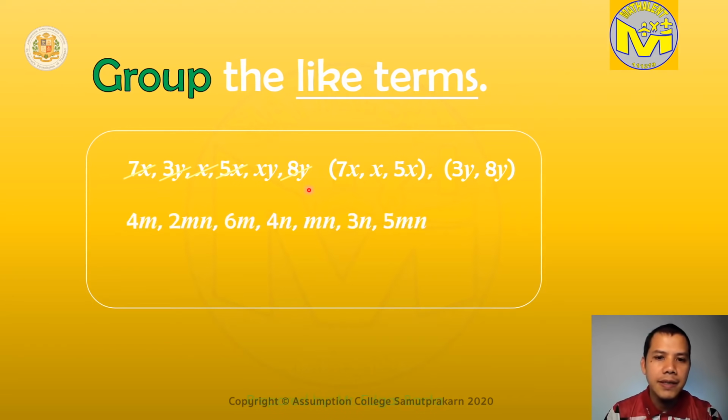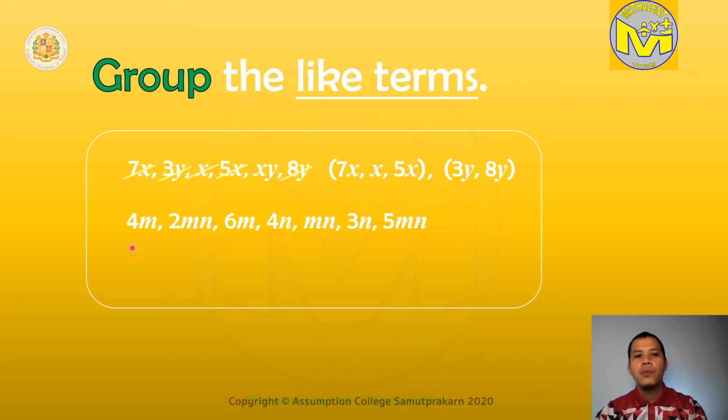Okay, next. How many terms are these? Let's count. 1, 2, 3, 4, 5, 6, and 7. We have 7 terms. How many groups? We have M group, we have MN group, and N group.